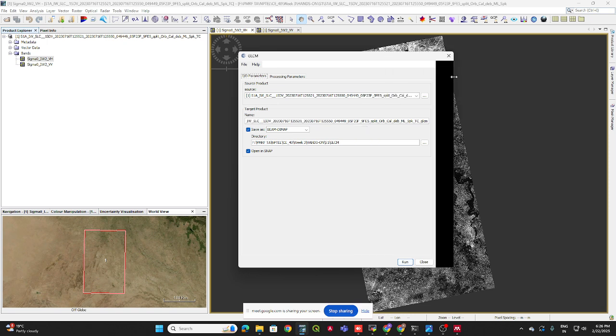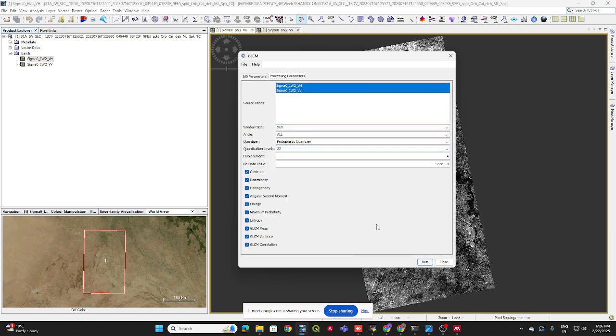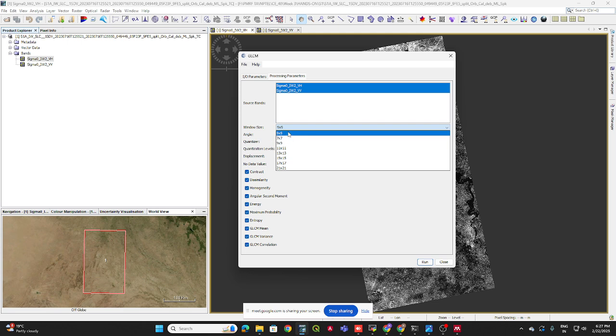Now you can see the input is already there, and the output will take processing parameters. We have to select which band we want to take, both bands or just one. Window size, which one to select, from 5 by 5 onward, all are available.